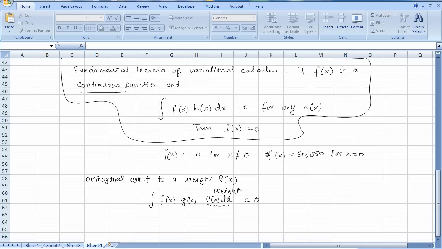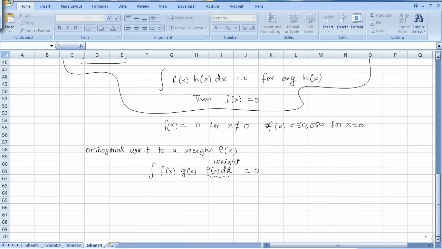And orthogonal functions are useful, especially if they form what is called a complete set.